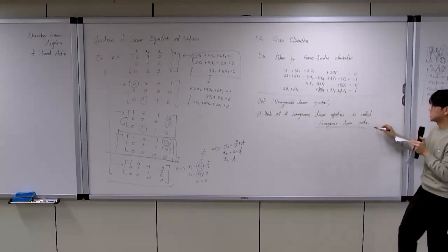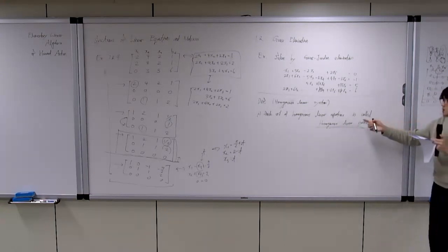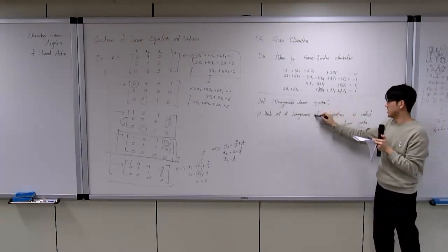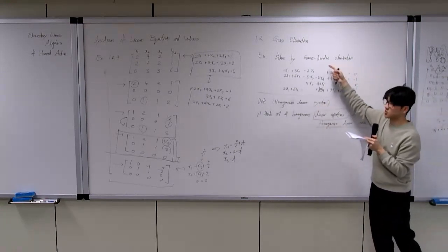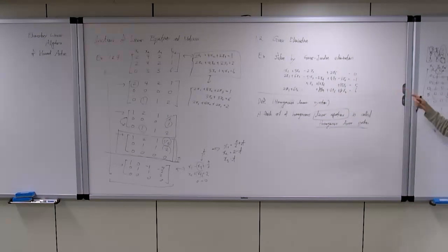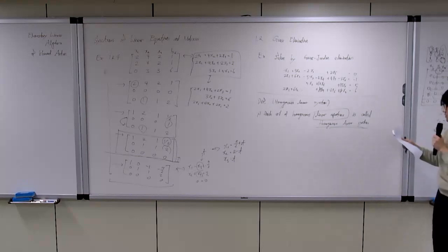So a homogeneous linear equation is also a linear equation, so we can use Gauss-Jordan elimination or Gauss elimination. From using this method, we can get the solution set also.